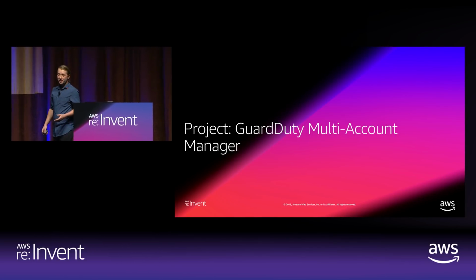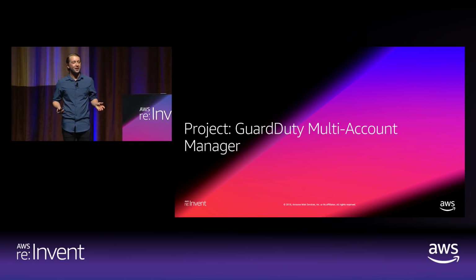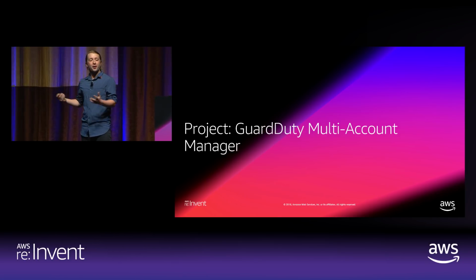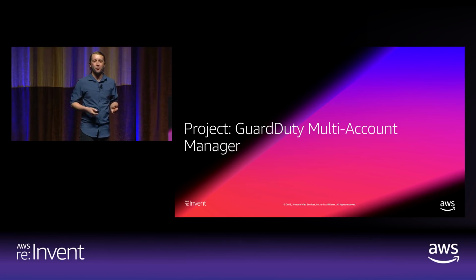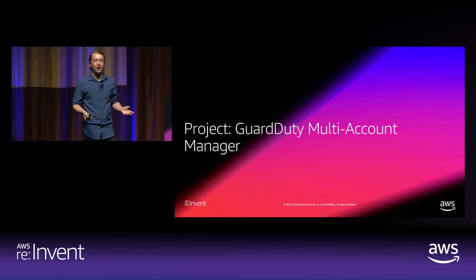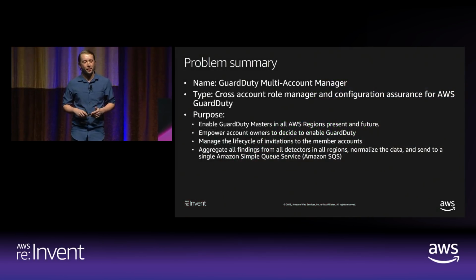All right, let's change gears just a little bit. I know that there's a lot of folks in the room that said that they are already using GuardDuty. So I had a quarter goal to turn on GuardDuty in every account that I'm responsible for administering. I have hundreds of accounts that I have to keep track of and lots of different AWS regions that I need to work in, and I need to consolidate all of the findings from every GuardDuty detector in every region in one place.